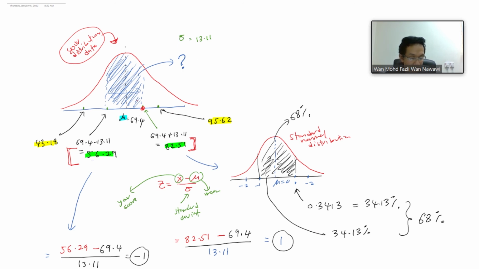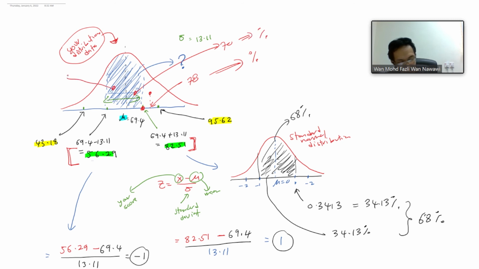But if you want to find exactly one point, for example between this and this, let's say exactly this point, let's say 70, you correlate the 70 with the standard distribution graph and you get the probability. Let's say this 78, this 70, you get some probability.